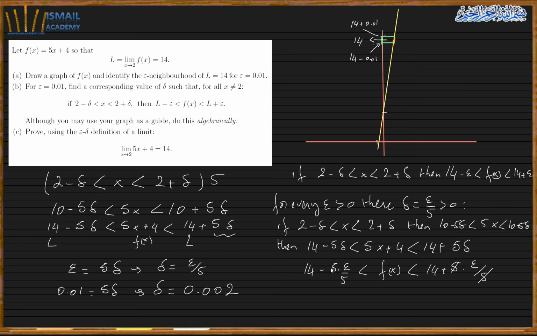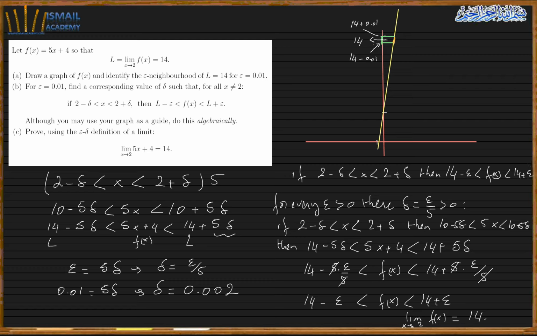Now I cancel the 5, so I got 14 minus epsilon is less than f of x, which is less than 14 plus epsilon, and this can lead me to this conclusion that if I have this statement, I can say that the limit of f of x as x goes to 2 is equal to 14.